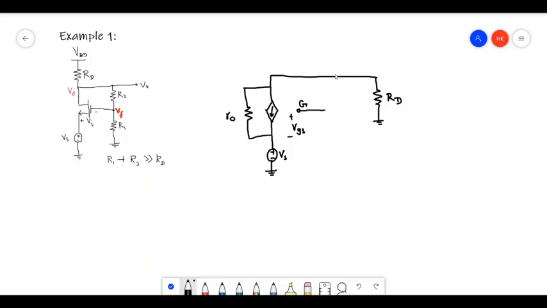So this is RD, and here we have the feedback network, R2 and R1. It connects to the gate.